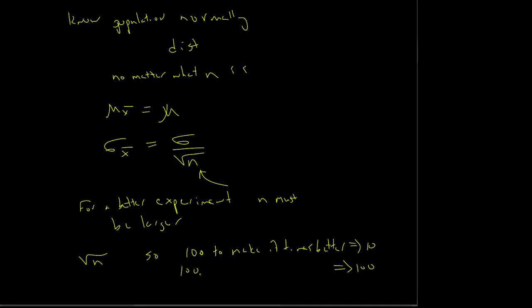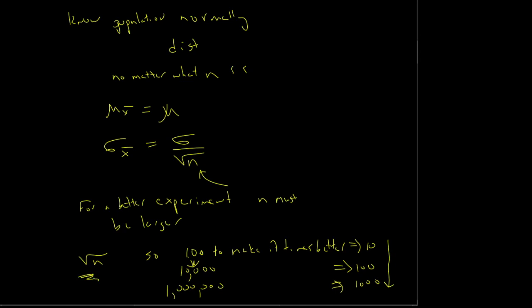And so I actually need 10,000 samples. And so I need to increase this by 100 times. And if I wanted to make it 10 times better from that, I would need 1,000,000 samples. And so to get better by powers of 10, we go up larger and larger due to this square root of n.